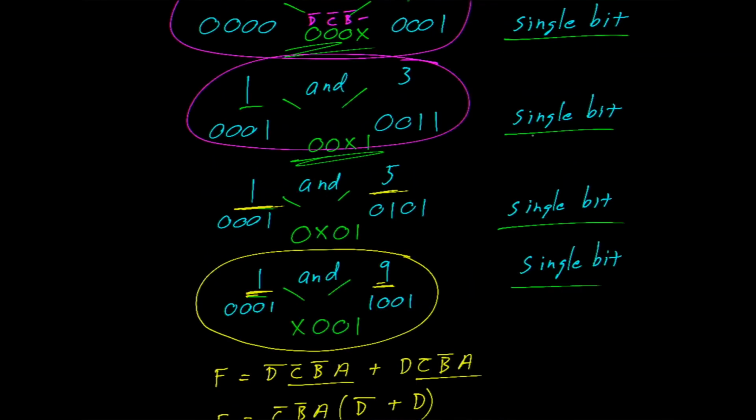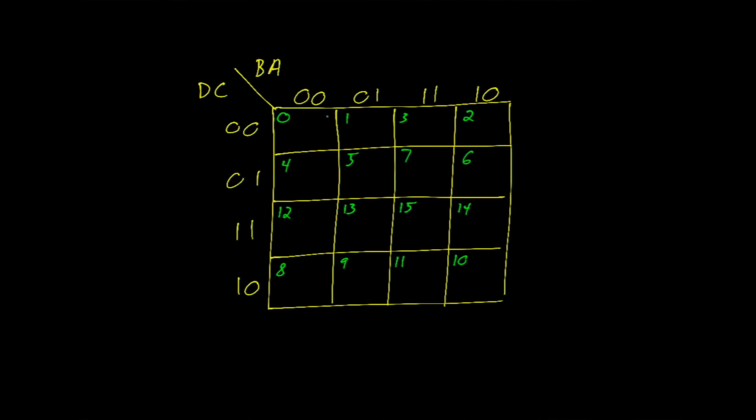Does that look familiar? So D naught, C naught, we're not interested in B, but we are interested in A. Moving back to our K-map, we generalize by saying that there's a 1-bit change between minterms 0 and 1, a single bit changes between minterms 1 and 3, a single bit changes between minterms 1 and 5, and finally a single bit difference between 1 and 9.